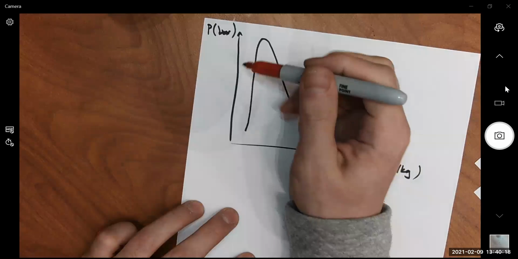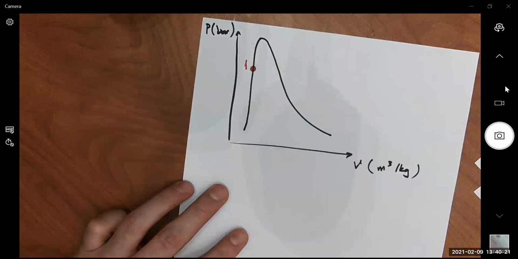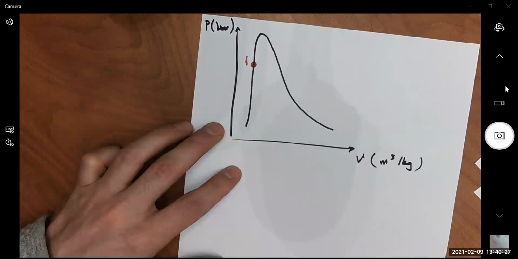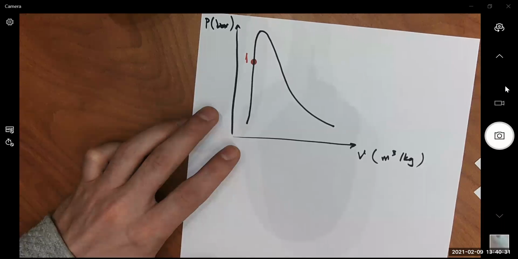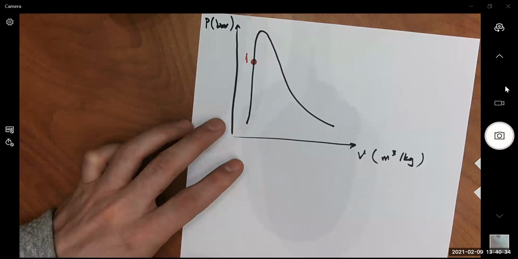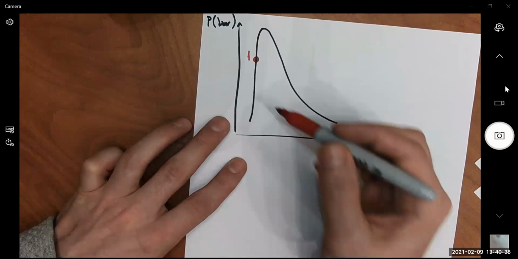Okay, that's state 1. How would it look on a PV diagram? How would you draw it on a PV diagram? What is it? A vertical line. Okay, that'll be a vertical line. I'll show you. Why a vertical line?